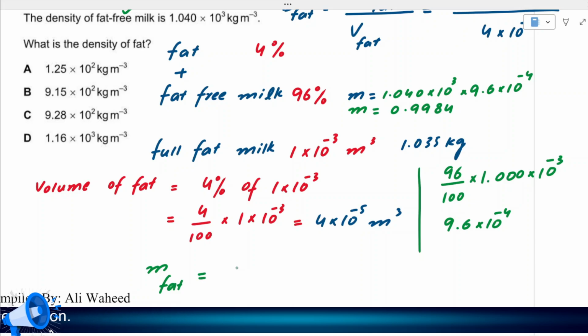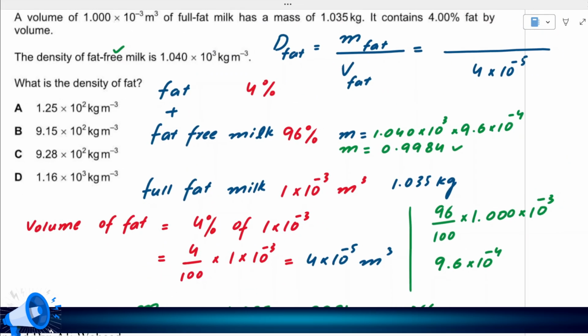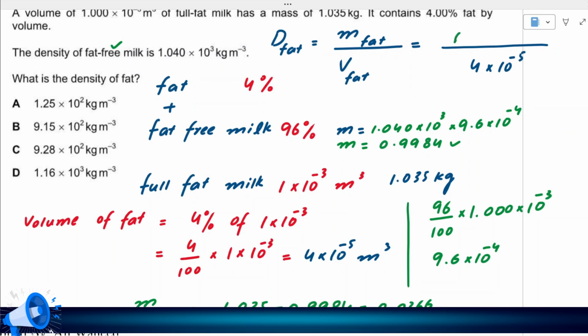So the mass of the fat in this case would be the total mass minus the mass of the fat-free milk, which in this case would be 0.0366. Now finally we have the mass of the fat, 0.0366.